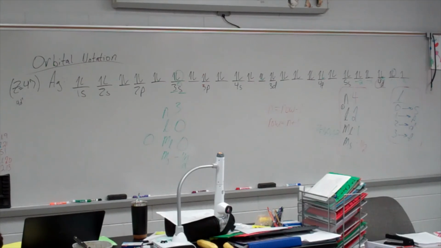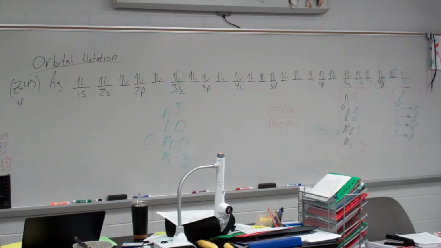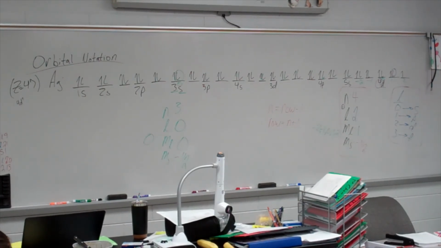So now you put it all together. When you look at it, L is 2, which means I'm in the D block. Which now means I add 1 to my energy level to find my row. So I've limited to the D block. Now I'm in the 5th row.